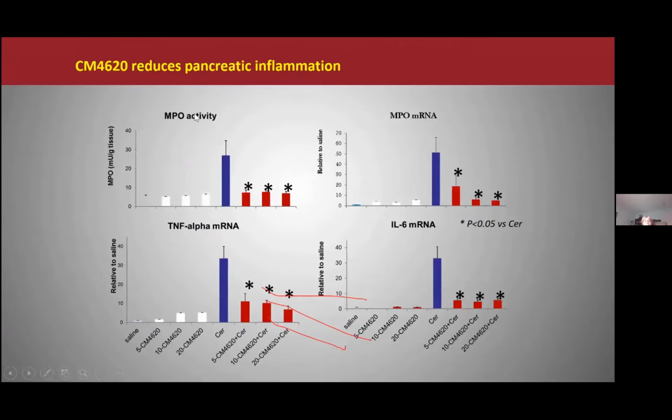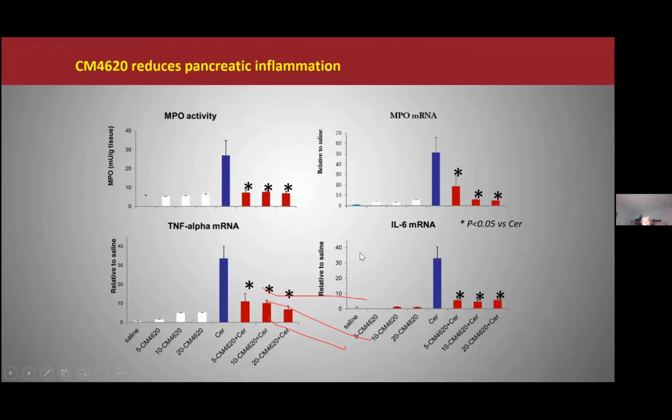The next thing is that we measured inflammation. I'll show you here in the pancreas, and in the next slide I'll show you in the lung. We measured myeloperoxidase activity and myeloperoxidase RNA, but we also measured RNA for TNF-alpha and IL-6.